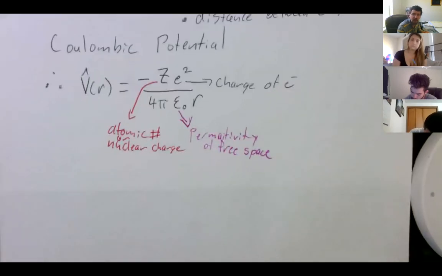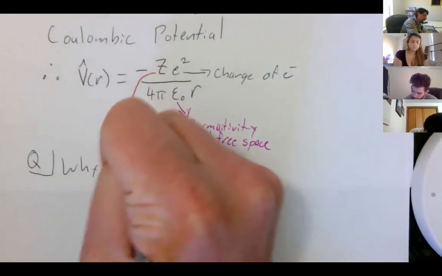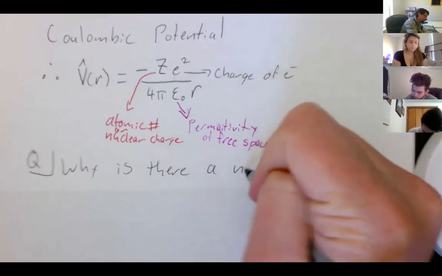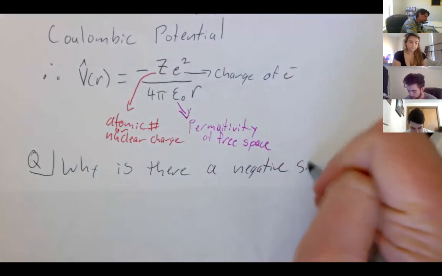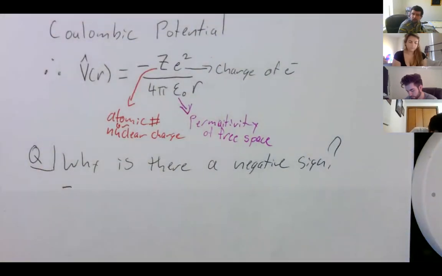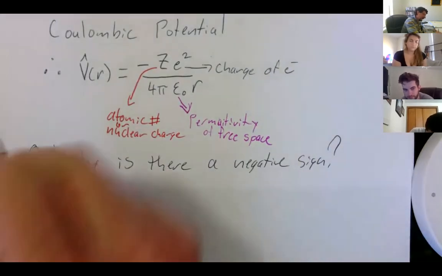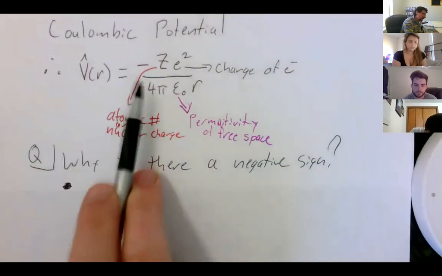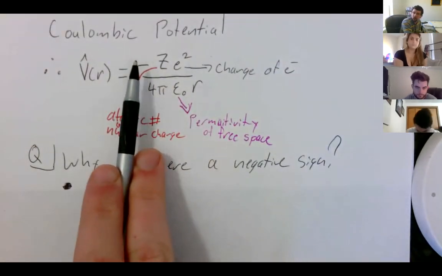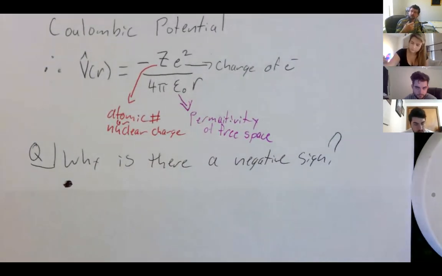The last question we're going to ask for the day: why is there a negative sign? It has to do with why r is in the bottom. I mean, why this negative value? What does that mean for us? Is this an energy lowering or an energy raising interaction?